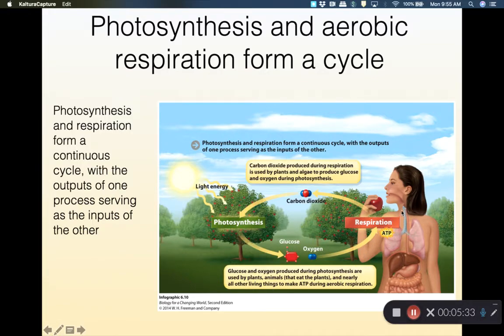In respiration, we exhale carbon dioxide. This carbon dioxide is used for photosynthesis. Photosynthesis helps create glucose and oxygen, which are the primary inputs for cellular respiration and the creation of ATP. So it's an important cycle that occurs in both photosynthesis and respiration. The ability to create energy is dependent on the products of each of these different and unique reactions.